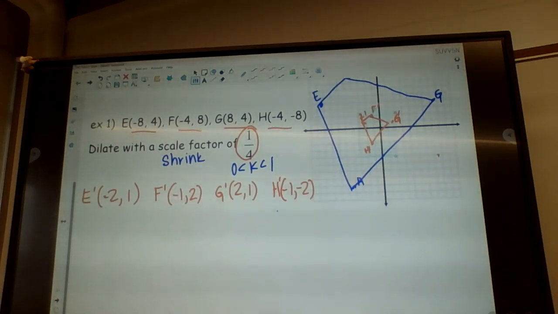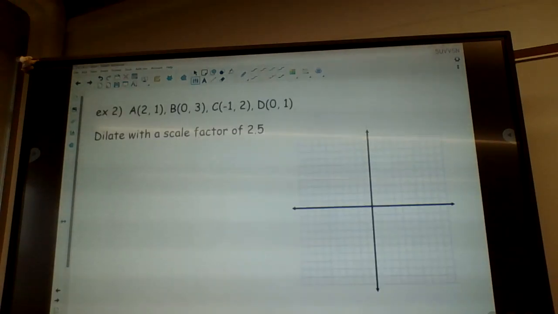Now obviously, we can also enlarge with our scale factor. So that's going to be our next one here. So this one says dilate with a scale factor of 2.5.